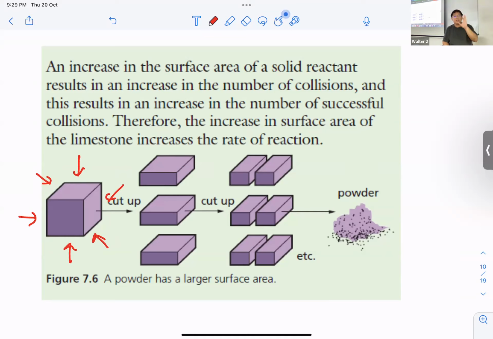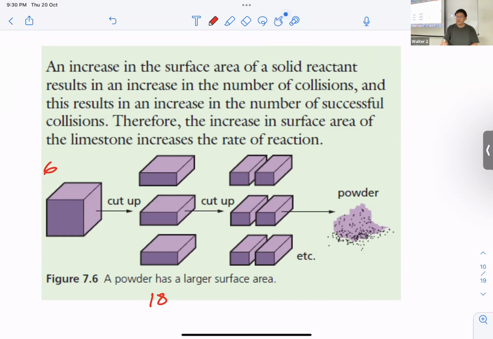So assuming that only 6 surfaces are available for reaction, then that's the only reaction that you get between the acid and limestone. But if you cut it into 3 pieces, you see here, you had 6 surface area, right? Right now, you got 6 times 3 surface area. How much is that? A total of 18 surface area to react. And if you were to cut it even smaller and smaller and smaller, won't you have a larger surface area to react with? That's how you should explain it in exam.